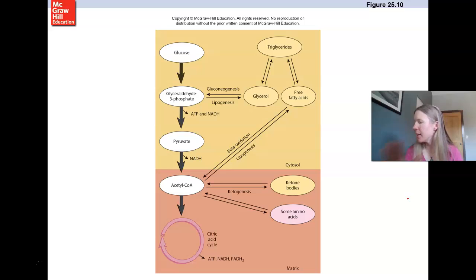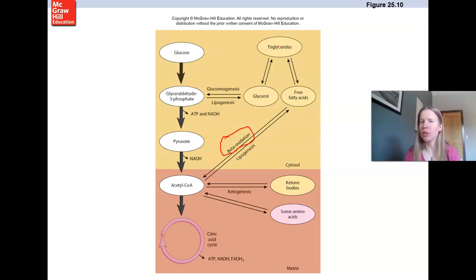Okay, so that is 25.3, which is really just following the metabolism of glucose. What we're going to look at, much more briefly, is the way that we use other macromolecules. This is looking at how we can use lipids, right? There's a process called beta oxidation, where we can take fatty acids.